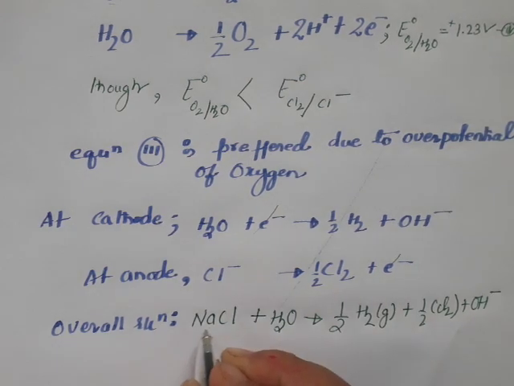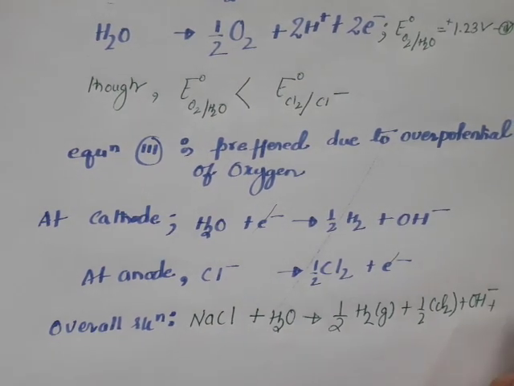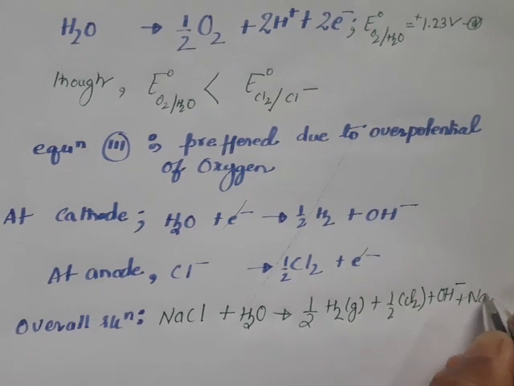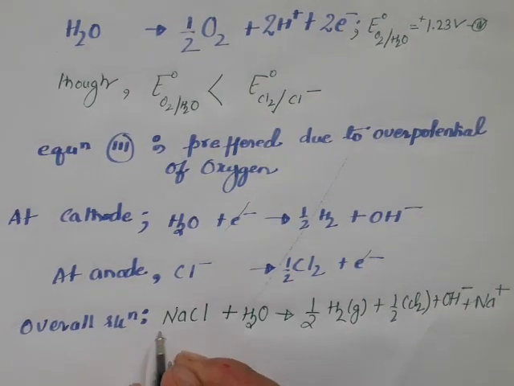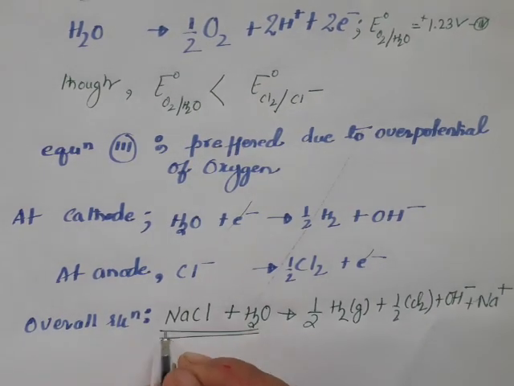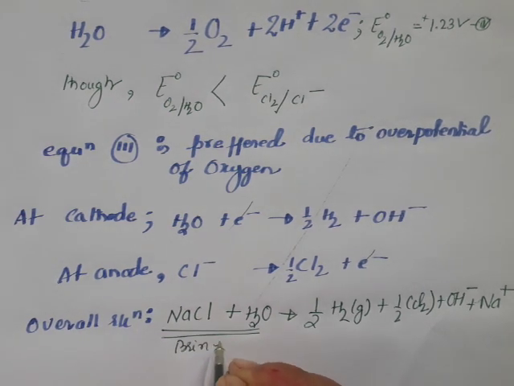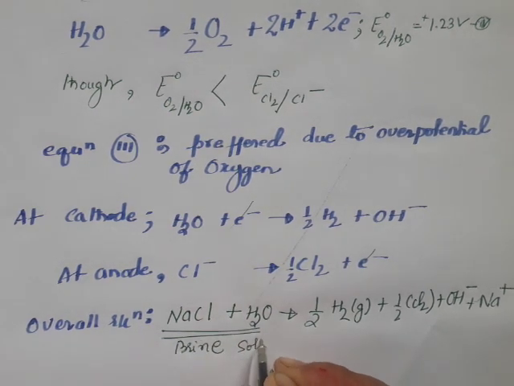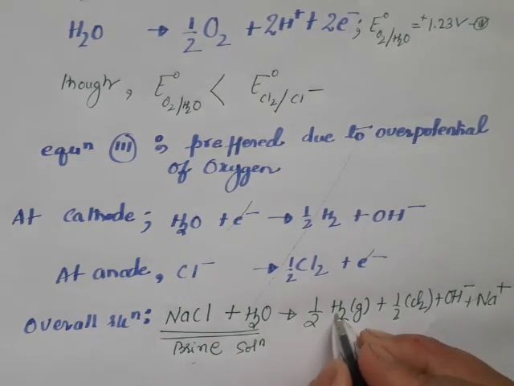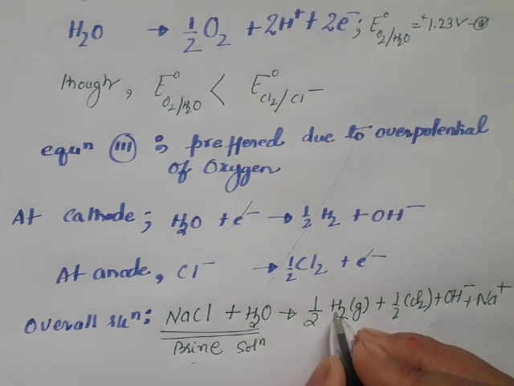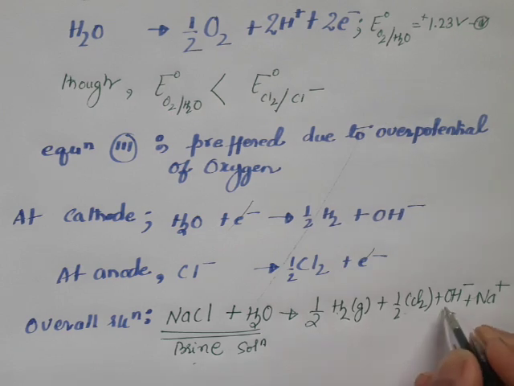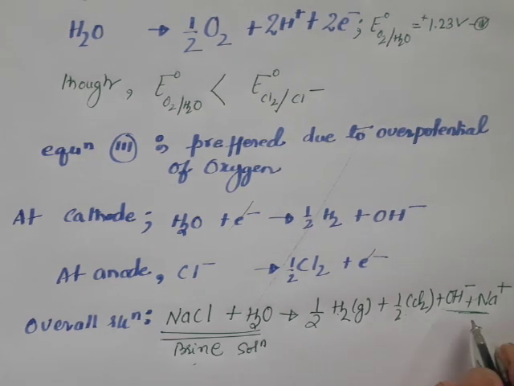What is left now? What is not there? Sodium ion. So these two ions will remain in the solution. So this is the product of electrolysis of aqueous NaCl solution, which is also called brine solution. Your products are hydrogen at cathode, chlorine at anode, and sodium hydroxide in your solution.